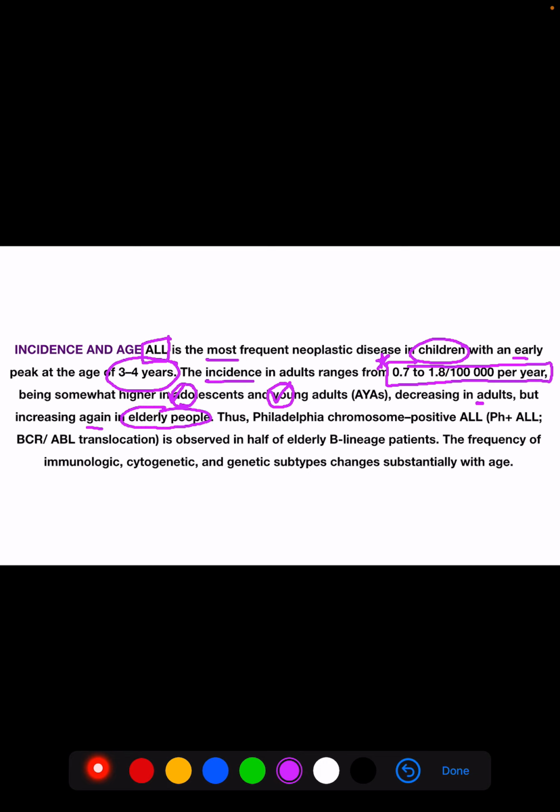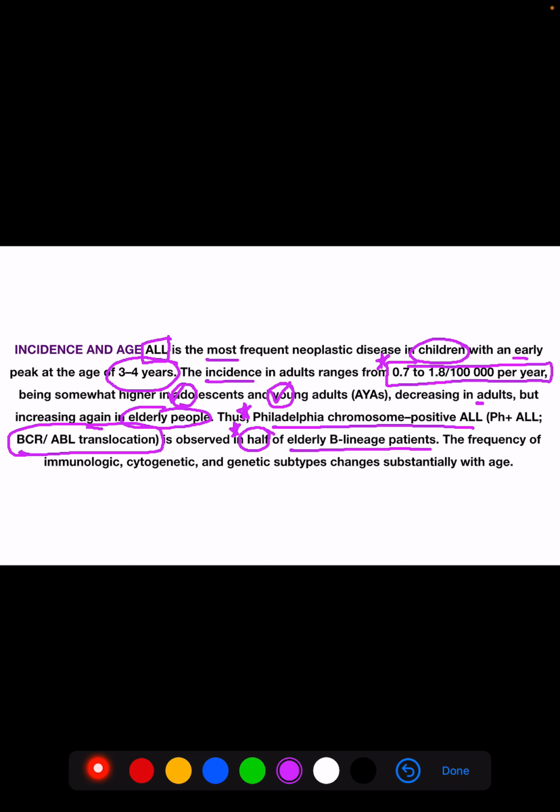If we take Philadelphia chromosome positive ALL, with a BCR-ABL translocation, this is observed in half of elderly B lineage patients. In what percentage of elderly patients is this translocation observed?